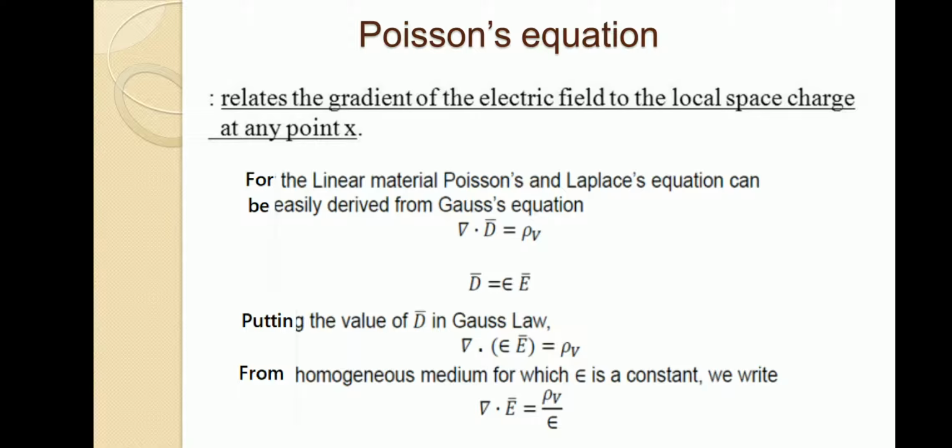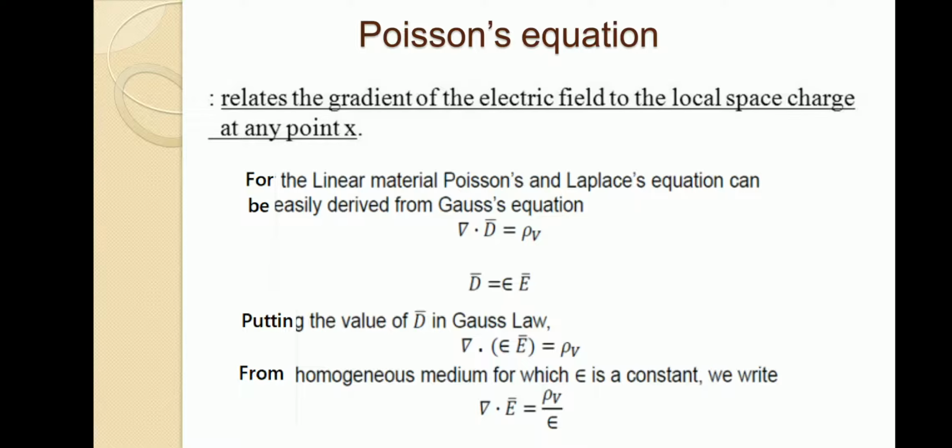To obtain Poisson's equation, we develop it from Gauss's equation. Just remember that according to Gauss's equation, its point form is given as del dot D equal to rho V, where D is the electric flux density and rho V is the volume charge density. We can study this equation in a higher semester.